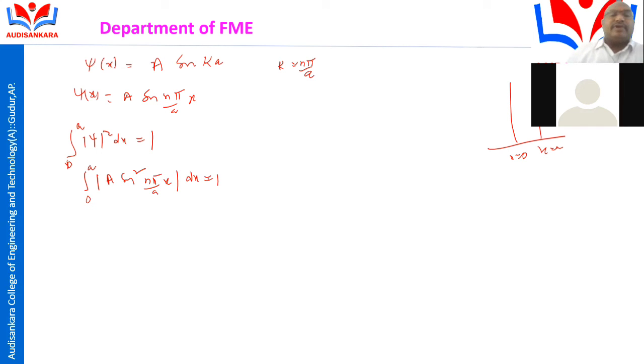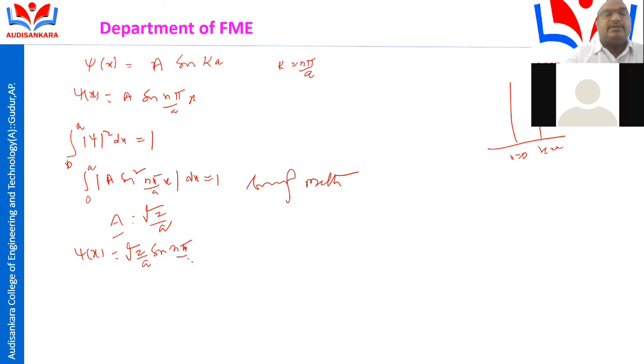So on simplification, mathematically, A is equal to root 2 by a. It is a mathematical simplification. So in the place of A substitute root 2 by a. Therefore psi of x is equal to root 2 by a sin n pi by a into x.